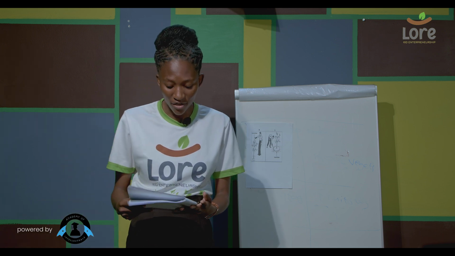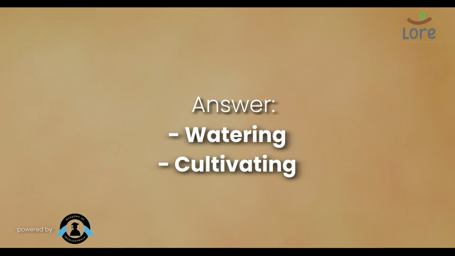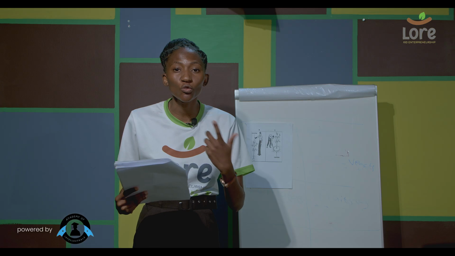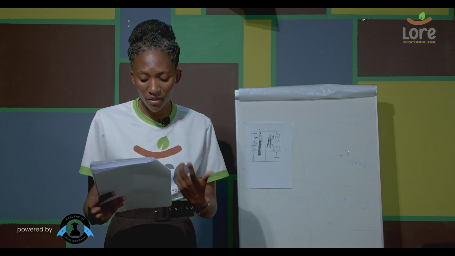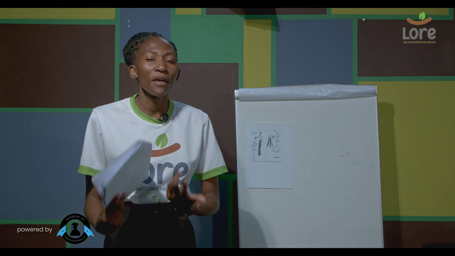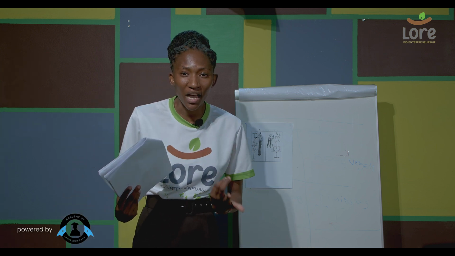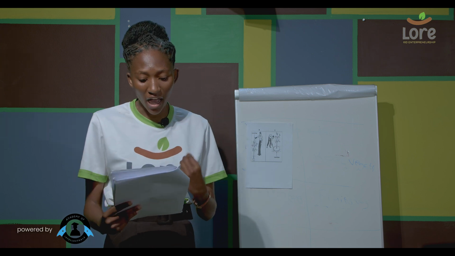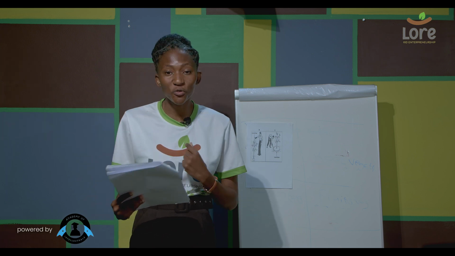Our answer: you can water them or cultivate. Why do we water? Water helps dissolve nutrients and minerals in the soil, while cultivating prevents fertilizers from being carried away by water or wind. That's how you earn your full 2 marks.